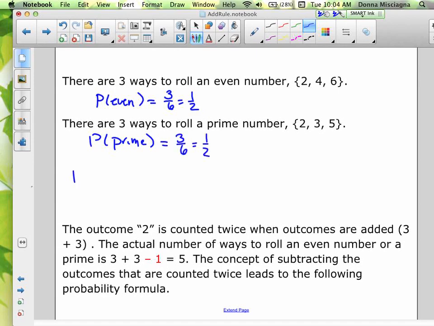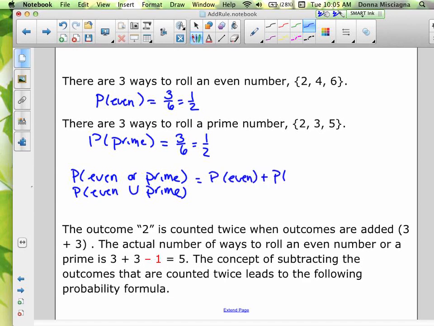So if we want the probability of even or prime, which is the same as saying the probability of the union of even and prime, right, we're going to take the probability of even plus the probability of prime, and then we're going to subtract the probability of even and prime, the intersection. Right, so the numbers that are both even and prime get subtracted off.